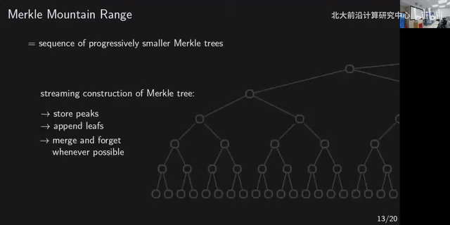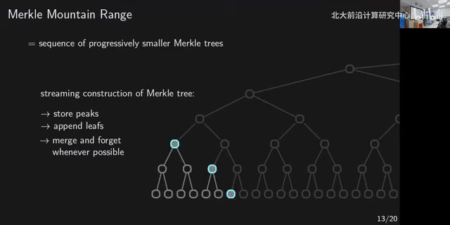And you can compute it in a streaming construction whereby you read the leaves one by one. And whenever you read a leaf, you do something. And what you do is this. You append the leaf, and whenever you have two nodes that you can merge, you merge them and forget the nodes. So append and merge whenever possible.